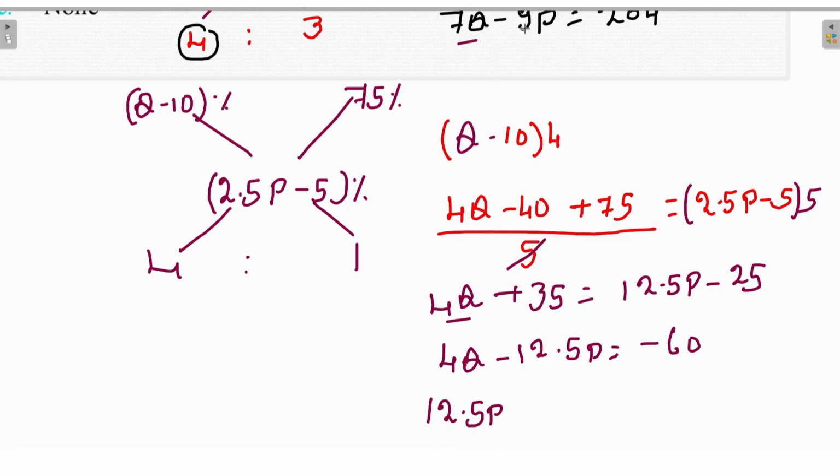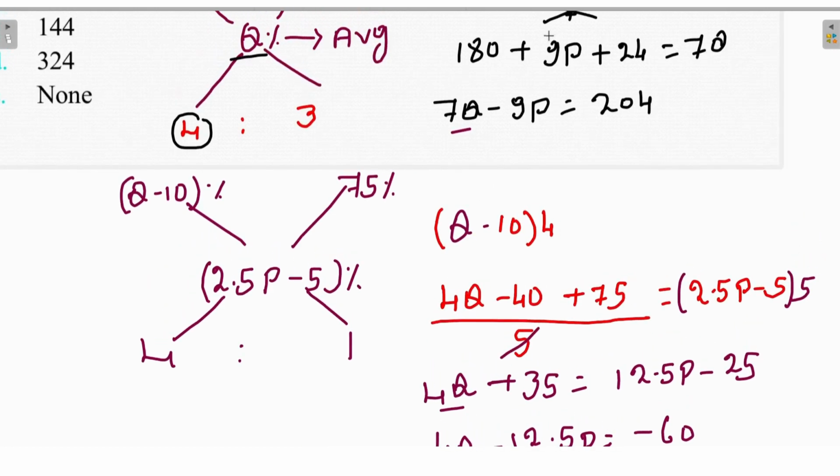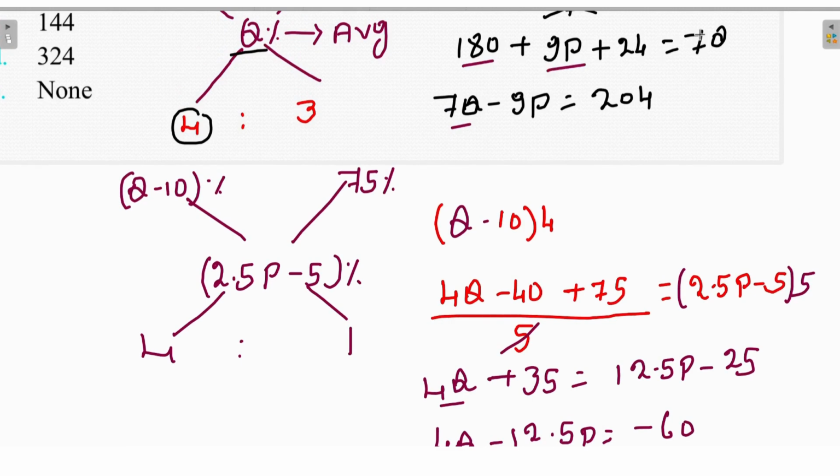I want this number to be positive, then I can write the equation like this, plus 12.5p. Otherwise here also I can take it common, and q I can easily cancel. So this equation I can write here. Here 9p will come to this side, then it will go to this side, meaning it is minus. Again I made a mistake here. Okay, wait, it is right, because 9p I am shifting to that side.